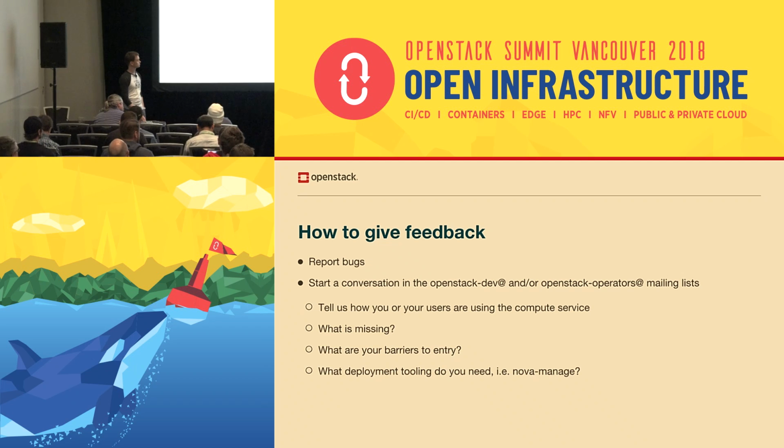So definitely leverage the mailing lists, the OpenStack Dev and OpenStack Operators mailing lists. We all read those constantly, so that's a great place to start a conversation if there's anything that you'd like to discuss about Nova or anything that you'd like us to work on.